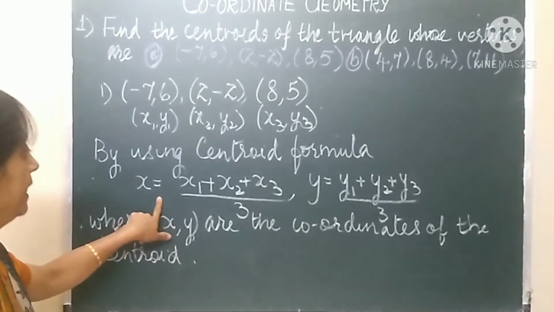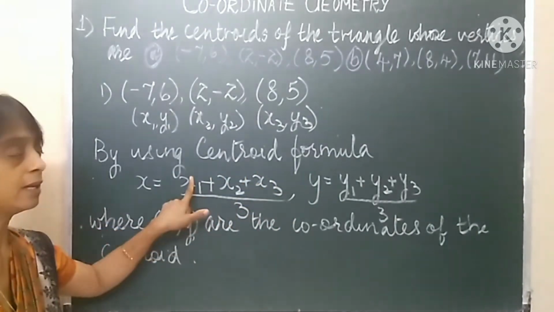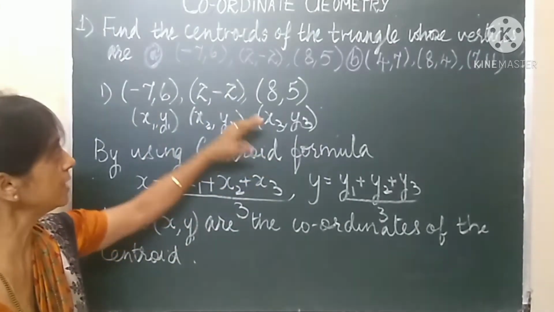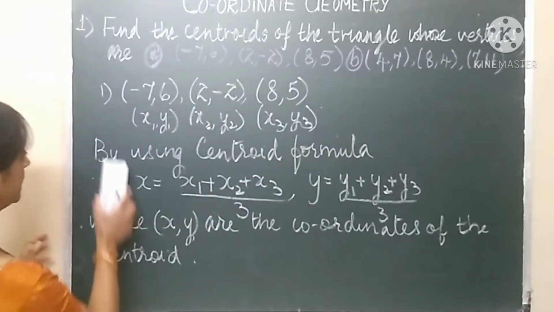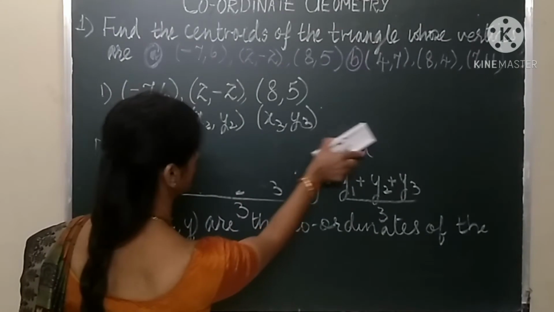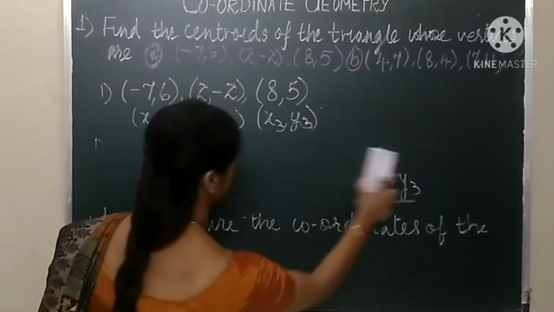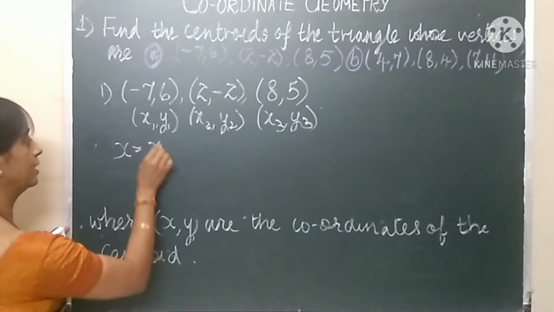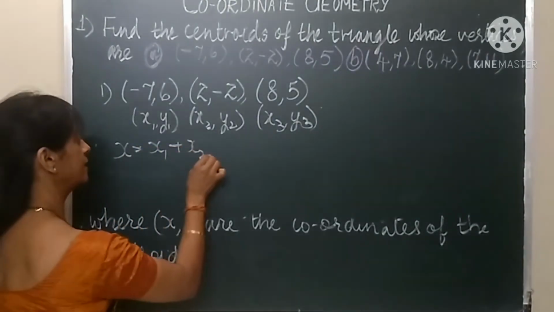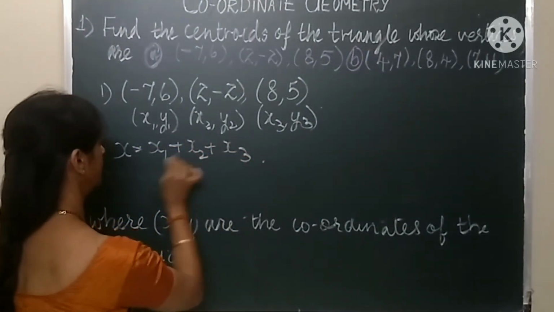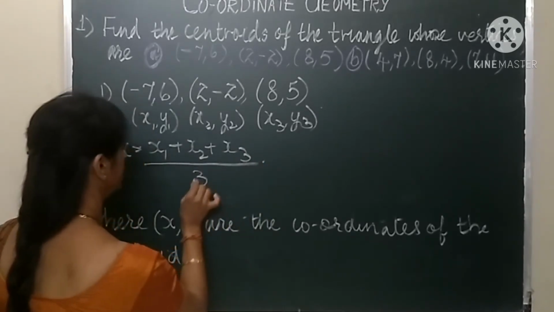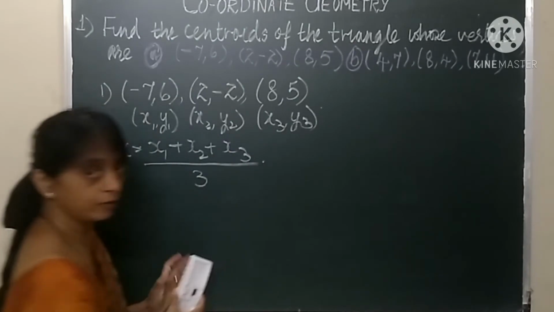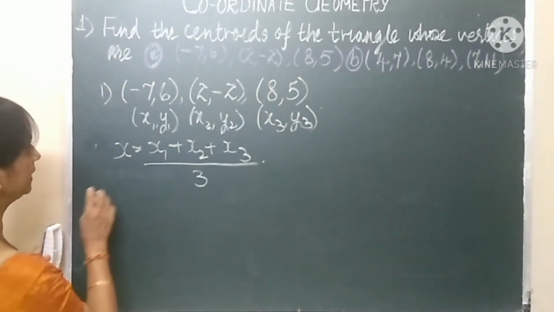So to begin with, first let's find out x. So how do we calculate x? By using this formula, x1 plus x2 plus x3 upon 3. We know the values. Let's substitute and calculate. So over here, children, first formula, x is equal to x1 plus x2 plus x3 upon 3. The next step, we are always into the substitution for the second equation.